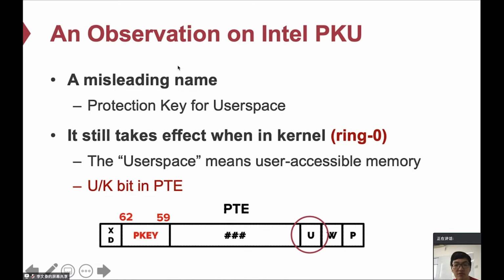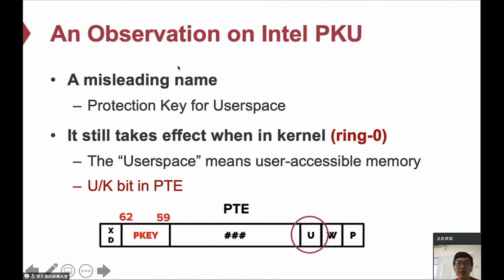Fortunately, we have a new observation on the PKU hardware. As its name indicates, PKU appears to only take effect in user space. However, we observe that no matter in kernel space ring 0 or user space ring 3, PKU-capable CPUs transparently enforce permission checks on memory accesses only if the user/kernel bit of the corresponding page table entry is user, which means user accessible.